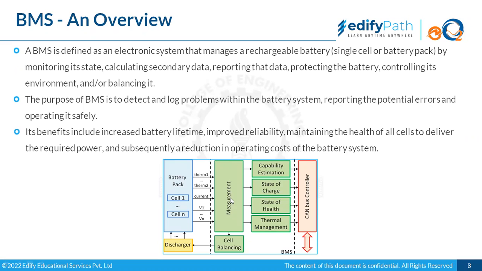It compares them with the data that we fed in during the programming of the microcontroller in the BMS, evaluates it, and accordingly instructs or allows the battery to function. Any time it sees any abnormality, at that same instant it would either sound an alarm or disconnect the battery from the system.